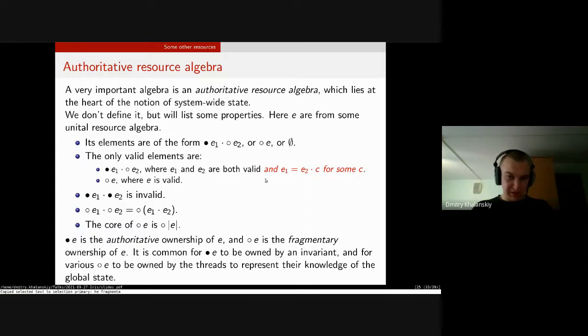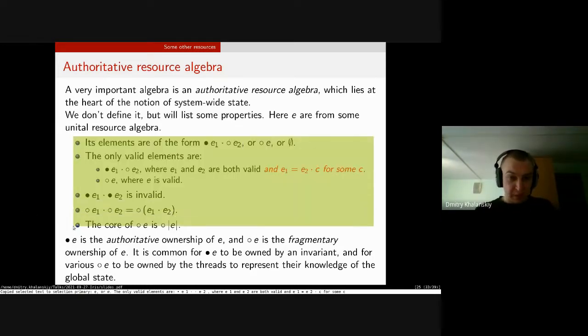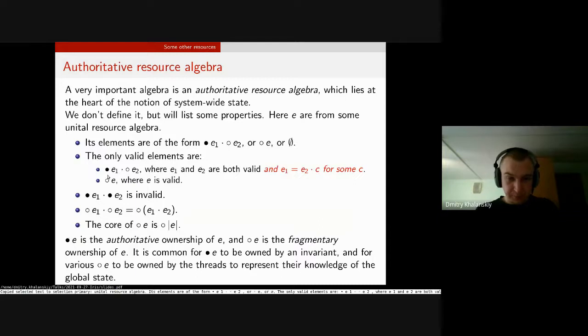The key moment of why the authoritative resource algebra is useful is written in red. So let's go by these points. The elements of the authoritative resource algebra are either invalid or purely fragmentary, or they contain the authoritative piece as well.